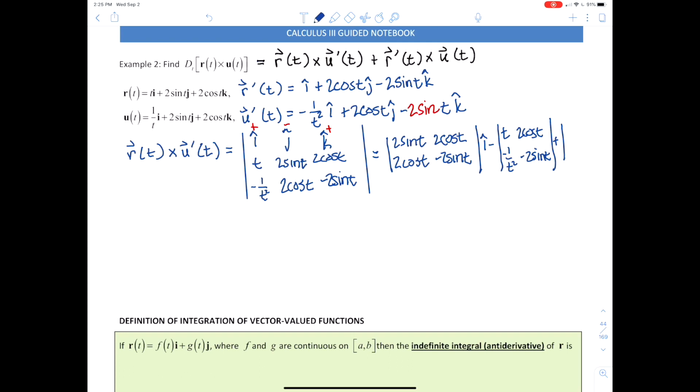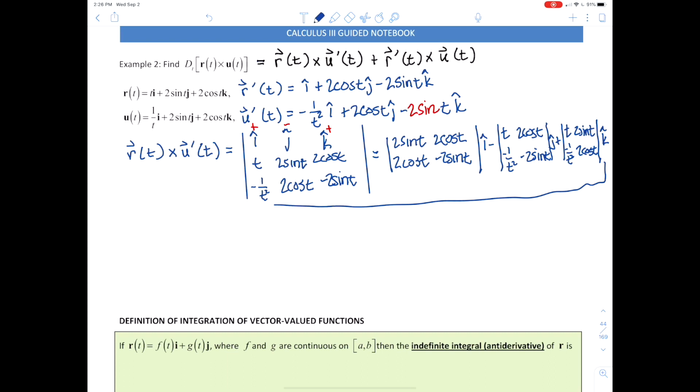And so when I expand about k rather, I'll have t, 2 sine t, so I'll be times k. Sorry, this one was times j. And then negative 1 over t squared, negative 2, positive 2 cosine t. Okay, so then what will we get for that?